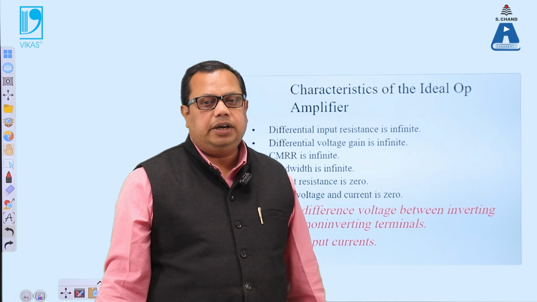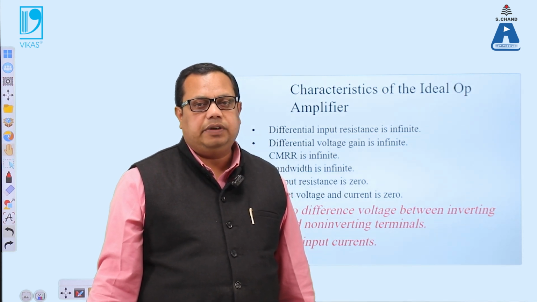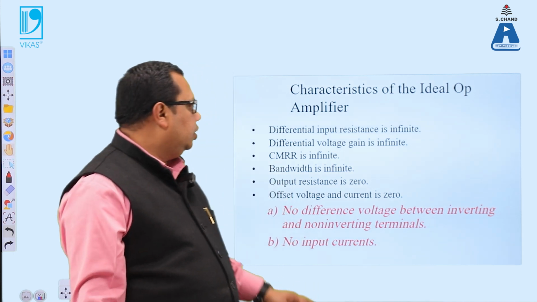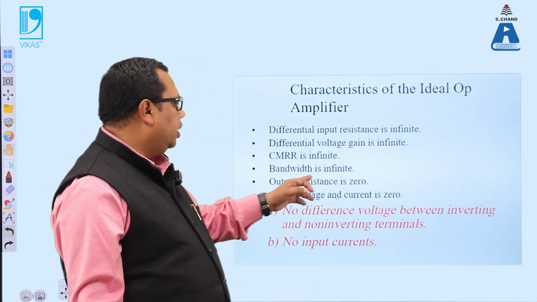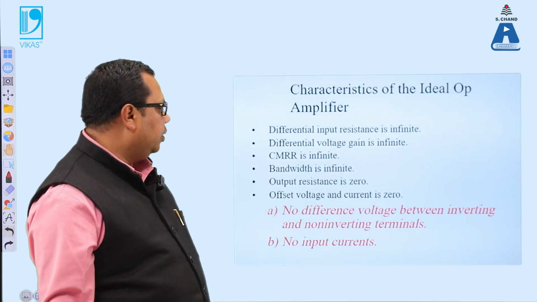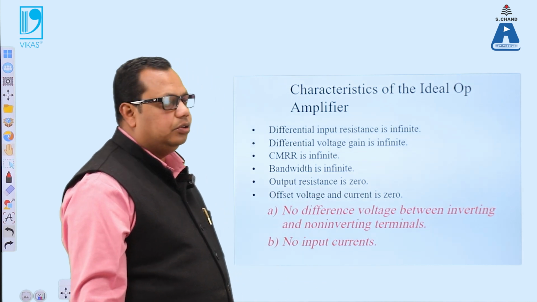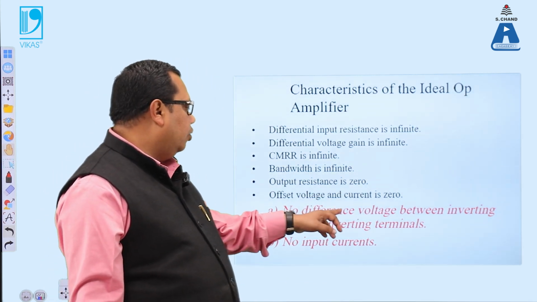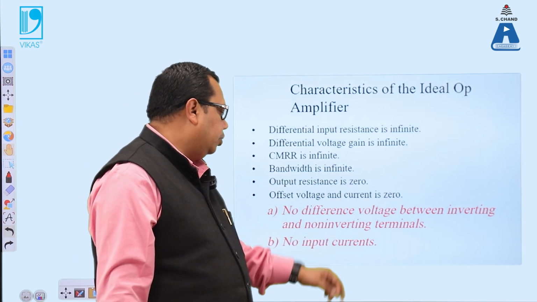So we are calculating the gain factor in the output. The gain factor in the output is always very high. The output resistance is 0, as we have discussed. The offset voltage and the current are equal to 0. Then there is no difference voltage between the inverting and the non-inverting terminals, and no input currents.